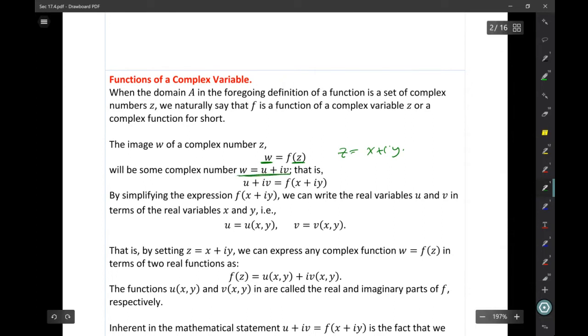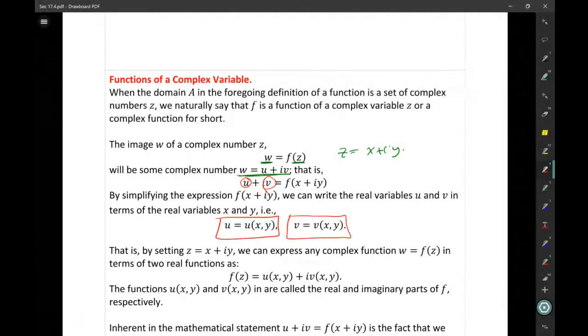So we will have u plus iv to be f of x plus iy. u is a part of the image which is called the real part. Then v is the imaginary part.